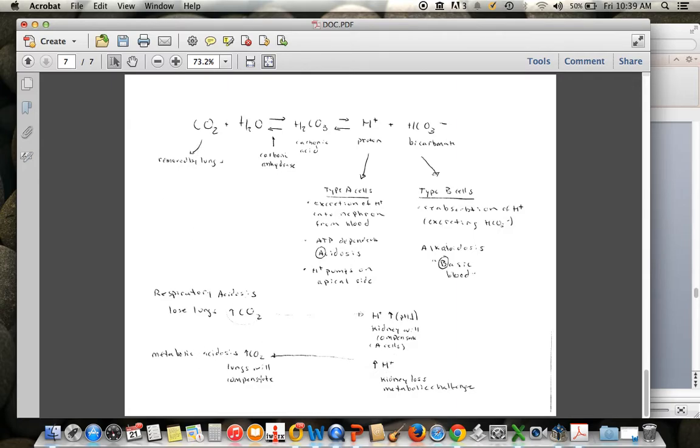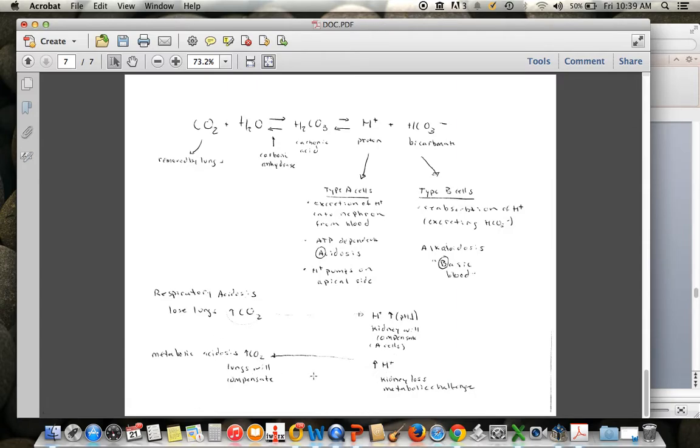And so in the case of metabolic acidosis, because you're not able to get rid of the protons very effectively, or you can't keep up with it very well, you're going to generate CO2. And so these patients will have a faster rate of breathing to try to help increase alveolar ventilation and get rid of the CO2 that's in their blood.